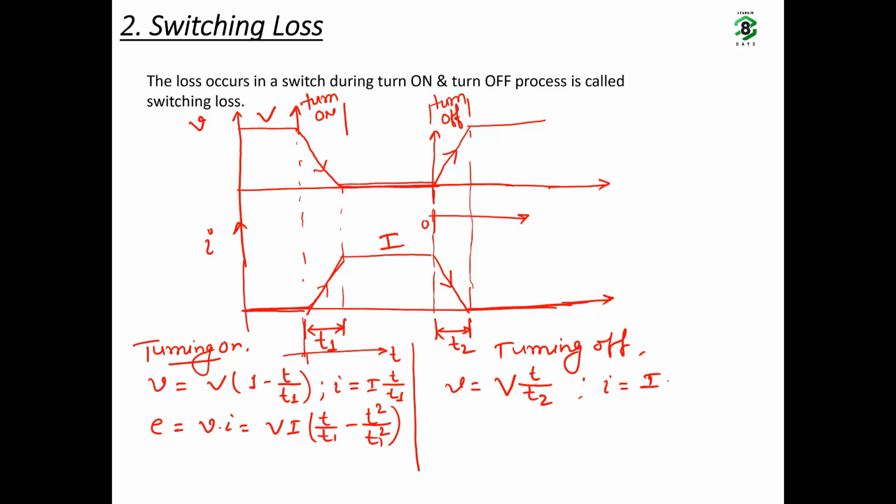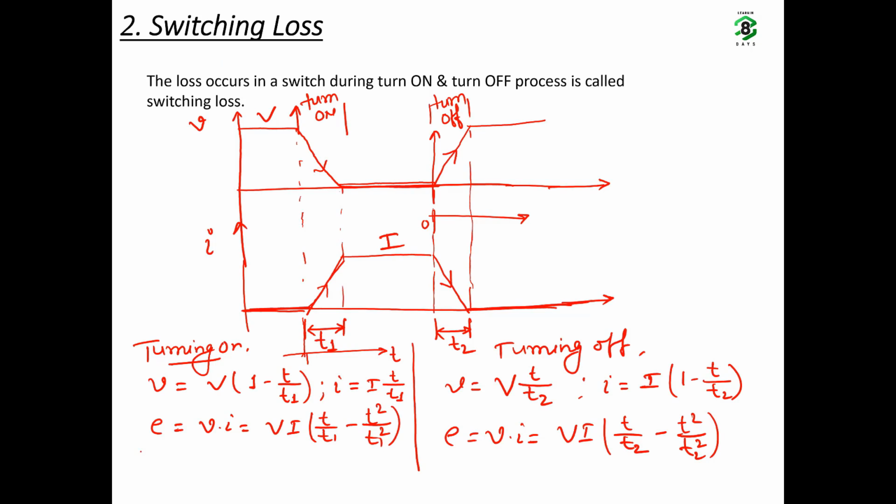The current I can be written as capital I times 1 minus T by T2. So the energy V into I is Vi times T by T2 minus T square by T2 square. This is the instantaneous energy. We have to calculate the total energy in turning on as well as in turning off.